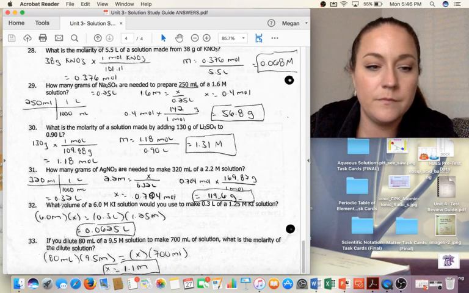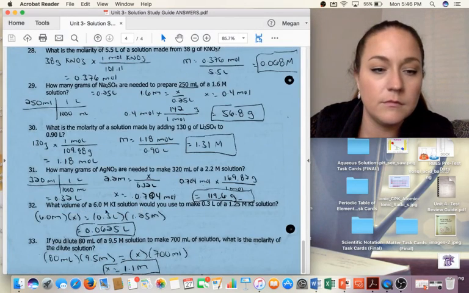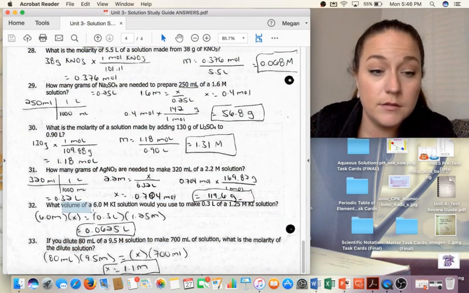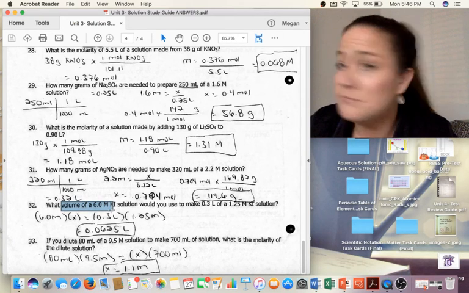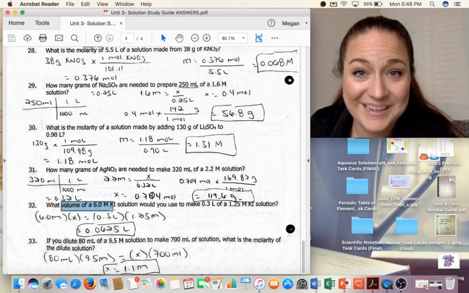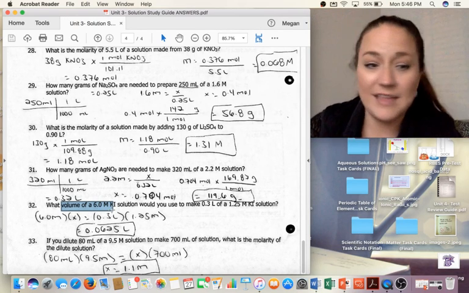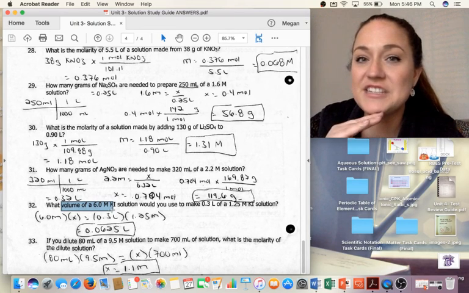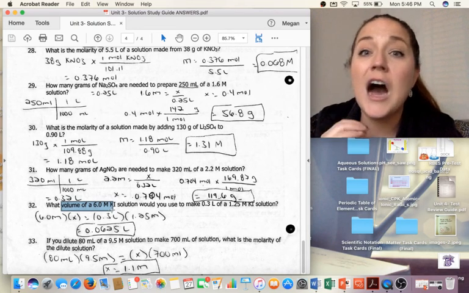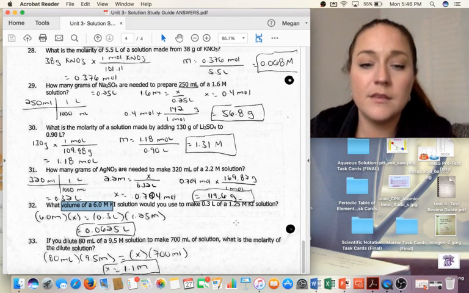Now, notice, the first molarity is not connected to a second number. So that 6.0 molarity is going to be connected to the unknown volume.